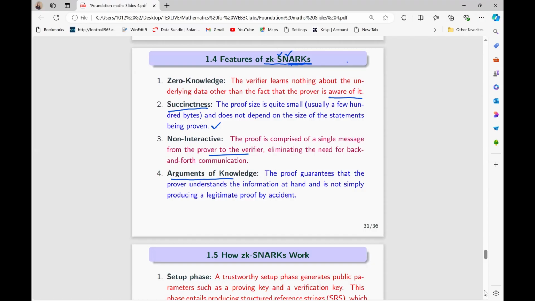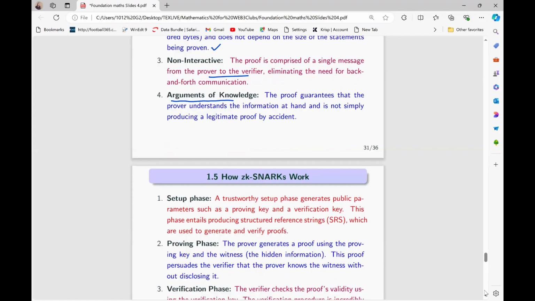Now, how does it work? How do zk-SNARKs work? Of course, I already said there's a lot of mathematics behind it, from polynomials to elliptic curves, cryptography, and so on, all those combined together. But how does it work?